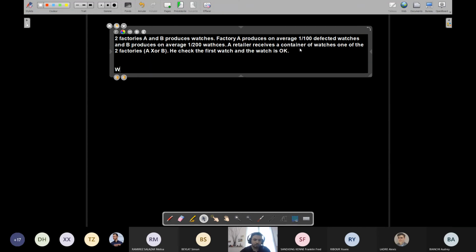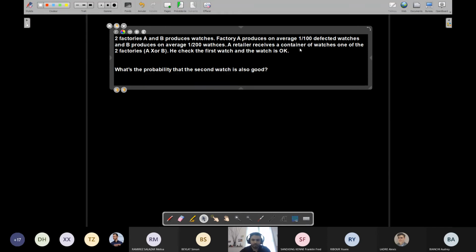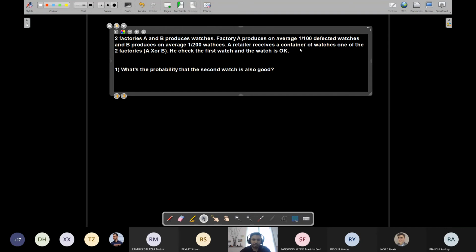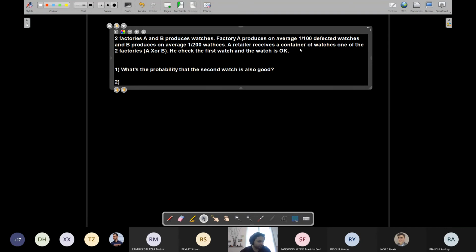Now the question for you is, what's the probability that the second watch is also good? And the second question is, is the state, okay or not okay, of the two watches independent?